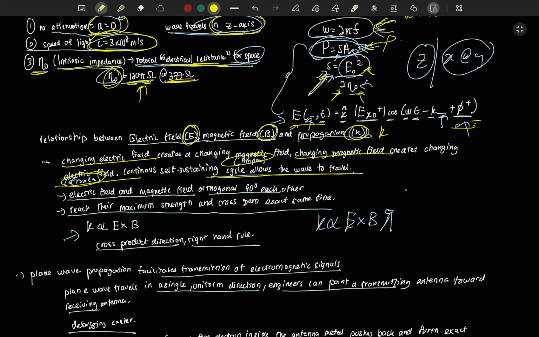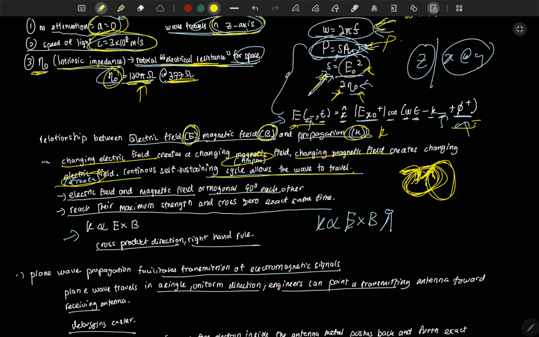Imagine, just imagine. Now, this is my electric field. So, this electric field changes. Now, this changing electric field creates a magnetic field. Okay, so use the right hand rule. If my electric field is going in this way, my magnetic field will go in this way.